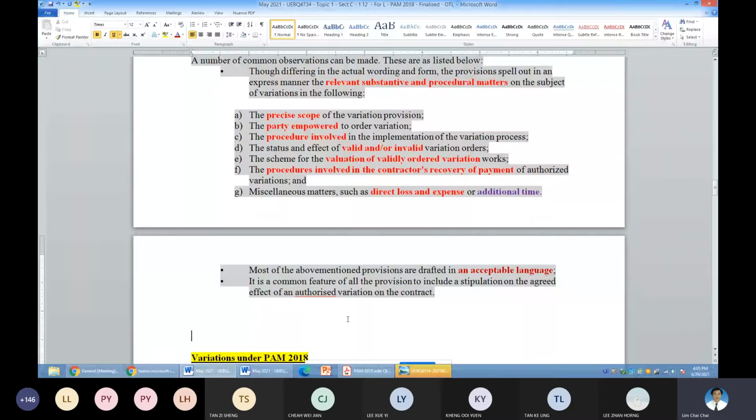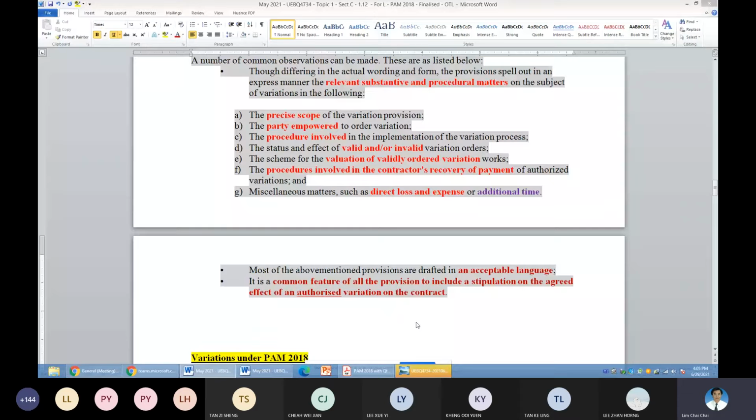So the common feature of all provisions is the authorization and also the impact on the contract in relation to time and money.